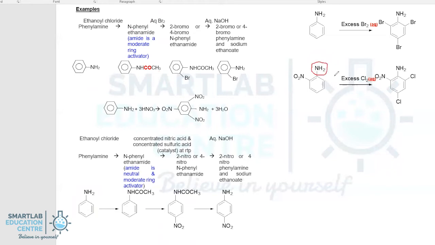With respect to your amine, it is position 2, which is here, and position 4. So the Cl will be directed there. If we were to now examine from the perspective of your nitro group, which is a 3 director, it will also direct the chlorine to this position and this position. Hence, because of that, in the exam, this will be the final product that you get.